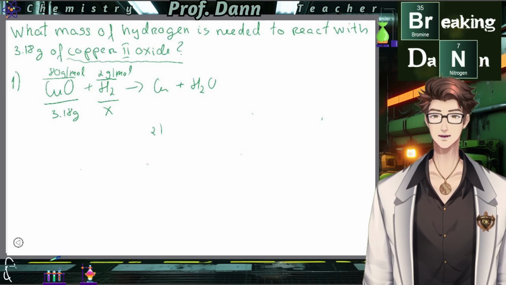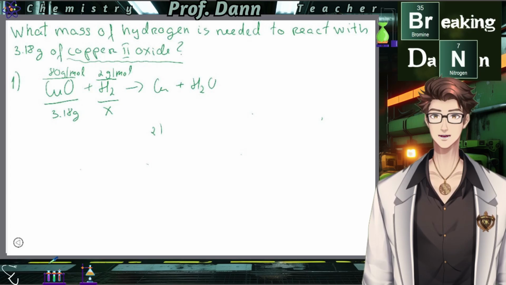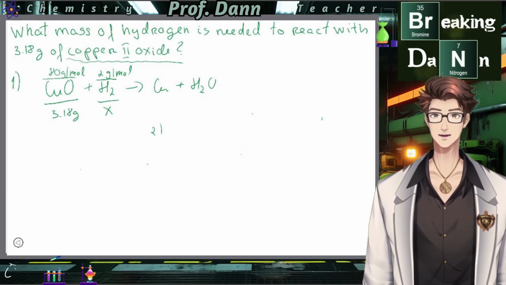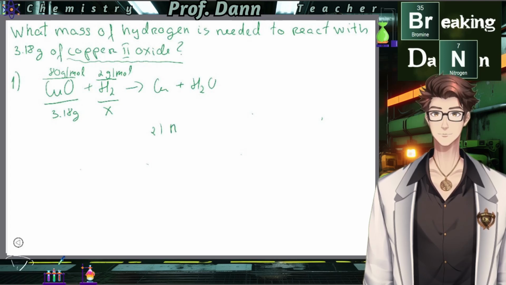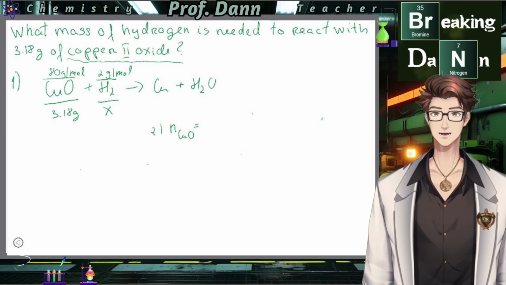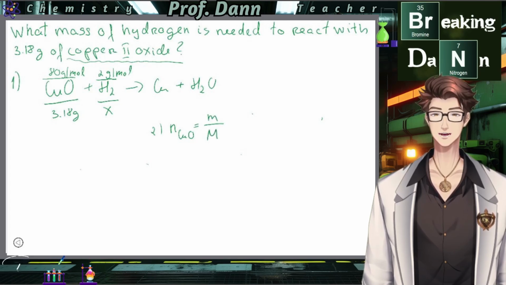In step number 2, we have to calculate the amount of moles using the equation where mass is divided by the molar mass, and this is what we are going to do. So we have all the data for copper 2 oxide, and we can use this specific equation. So n for copper oxide is mass divided by molar mass.